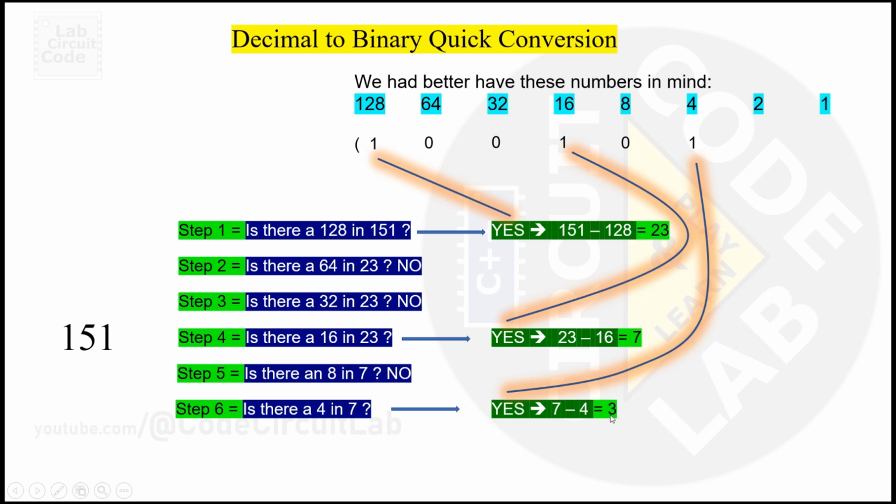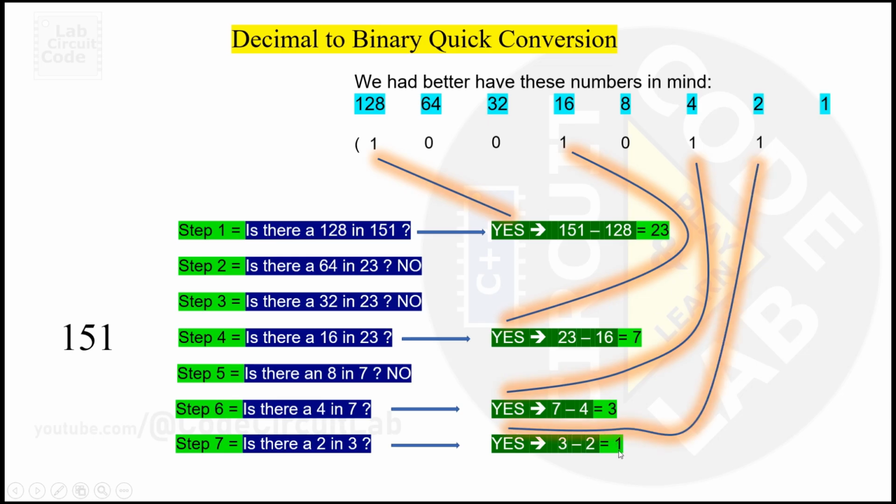Now we're left with 3. It's becoming very easy right now. Is there a 2 in 3? The answer is yes. There is a 2 in 3 and we subtract 2 from 3 and we're left with 1. Because the answer is yes, we actually put a 1 under 2.